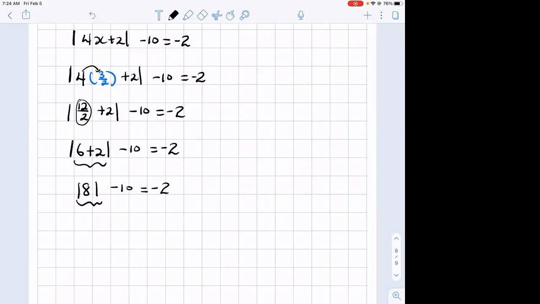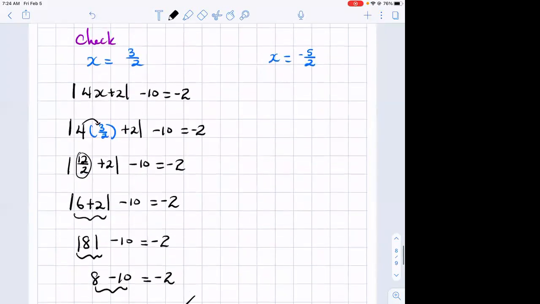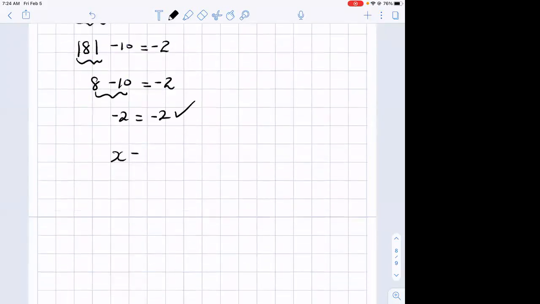The absolute value of 8 is 8. And 8 minus 10 is negative 2. So negative 2 is equal to negative 2. That's true. Therefore, x equals 3 halves is an answer. It's confirmed.